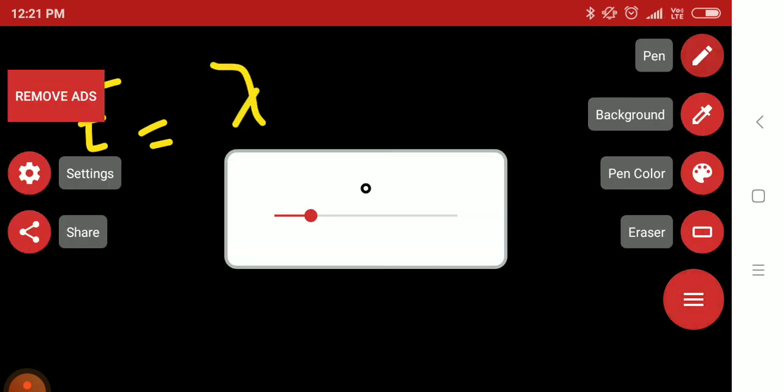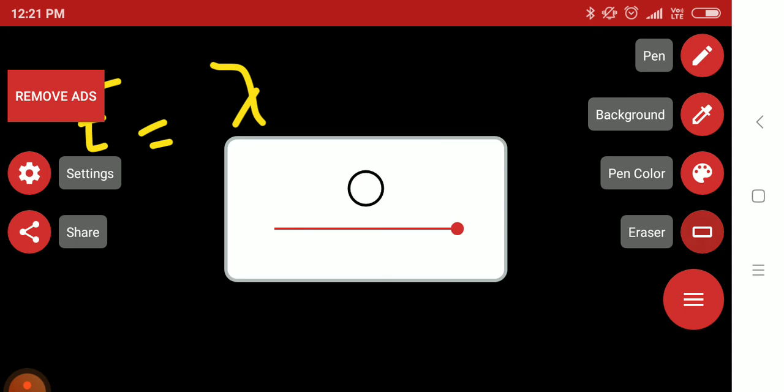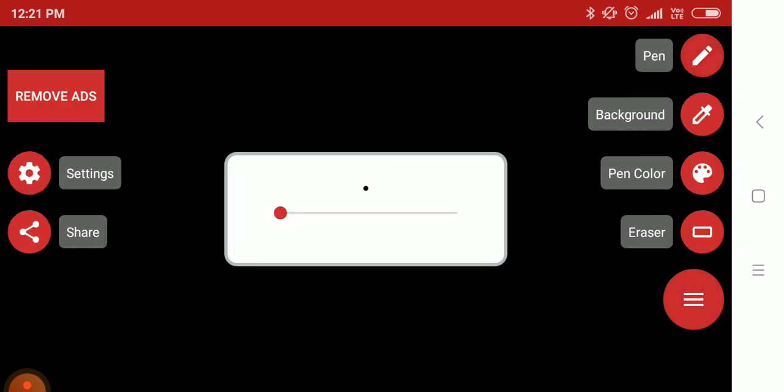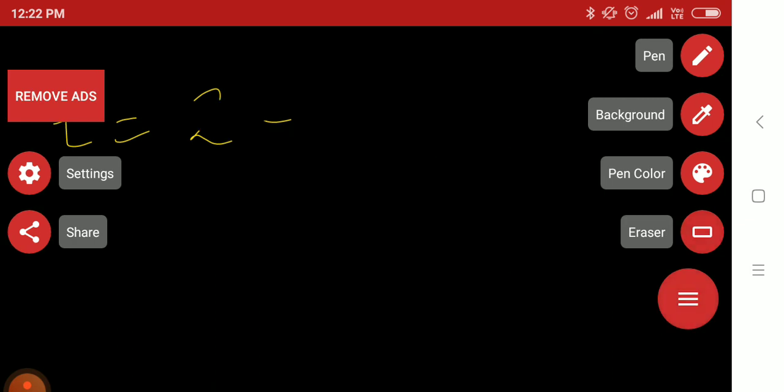Let me erase it. E equals 2 cos square theta, which you have written as 1 plus cos 2 theta.